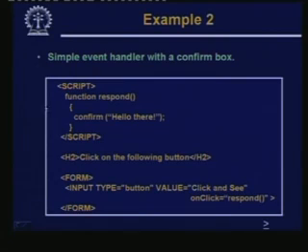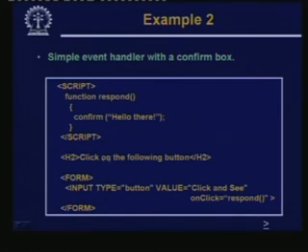So, in the first part, begin script and end script, here I have written a method or a function whose name is respond. In the body of this function, as you can see, there is just a call to confirm, nothing else. It simply opens a confirm box with the message hello there. And now comes the remaining part of the HTML.